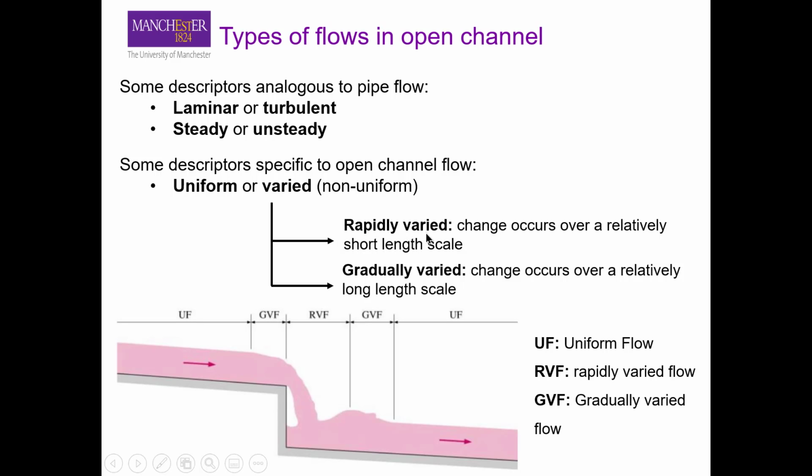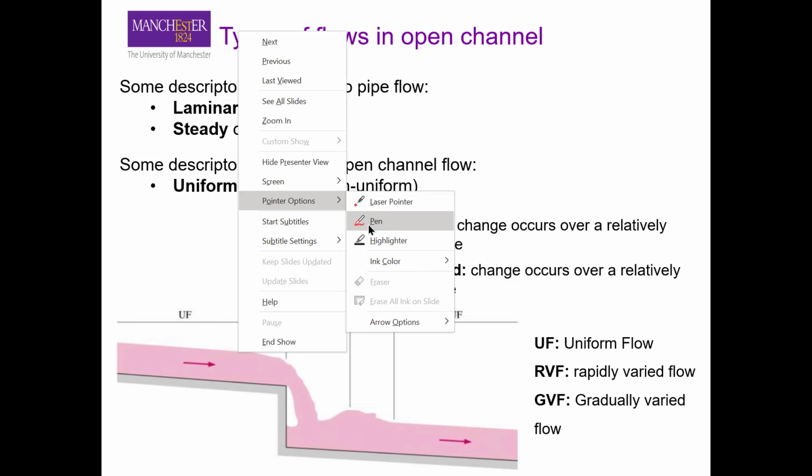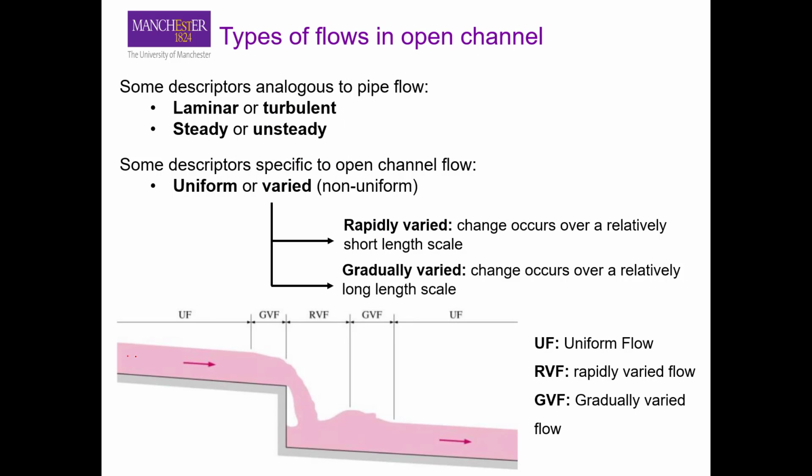One is called rapidly varied flow, when the change in properties is happening over a relatively short length scale, or we can have gradually varied flow when the properties are changing over a longer length scale. So here you can see, for example, in this diagram, you have a relatively uniform flow, but as you approach this drop here, you have a sudden increase in velocity over a very short length scale.